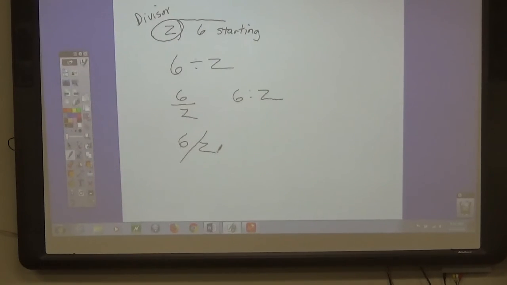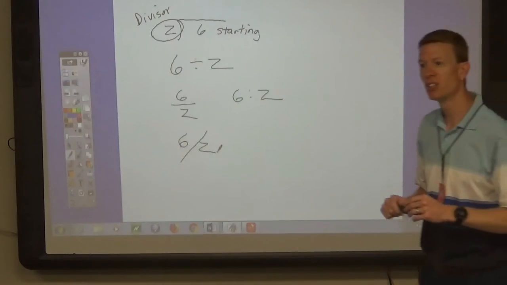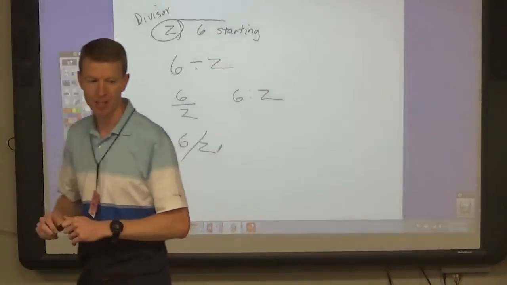What property is it? Communicative. Close, commutative. The commutative property. And then there's the associative.